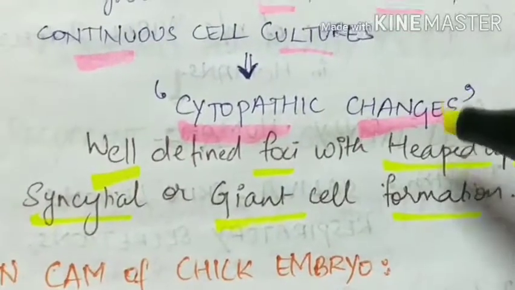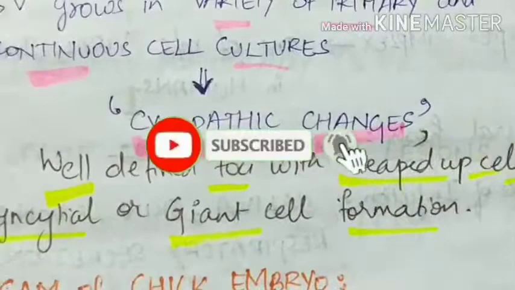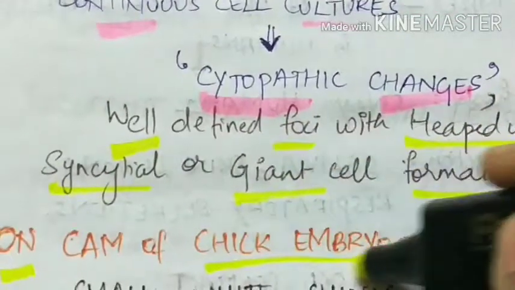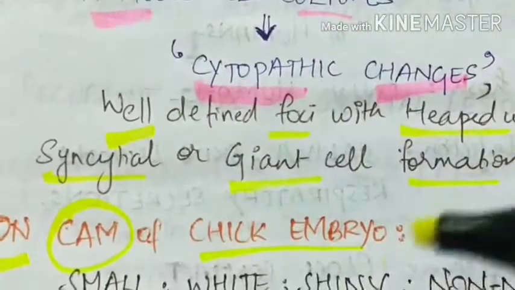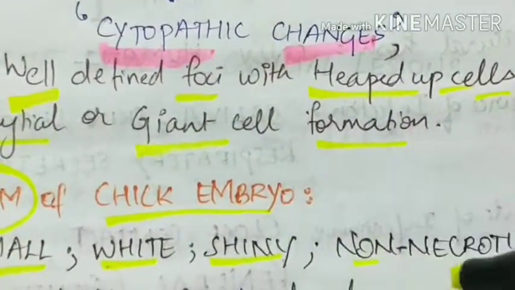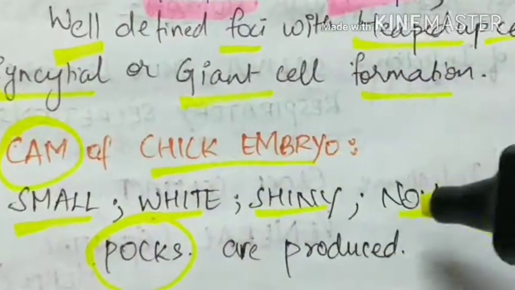On the chorioallantoic membrane of chick embryo, HSV produces small, white, shiny, non-necrotic pox.